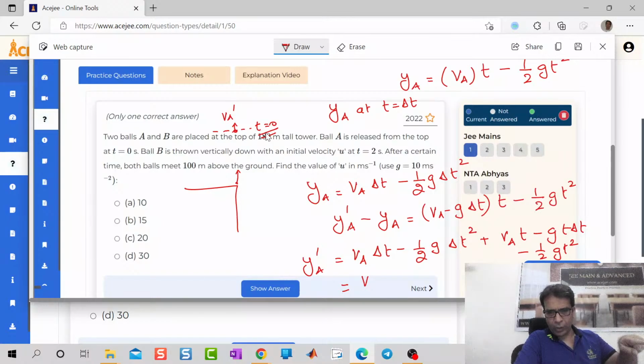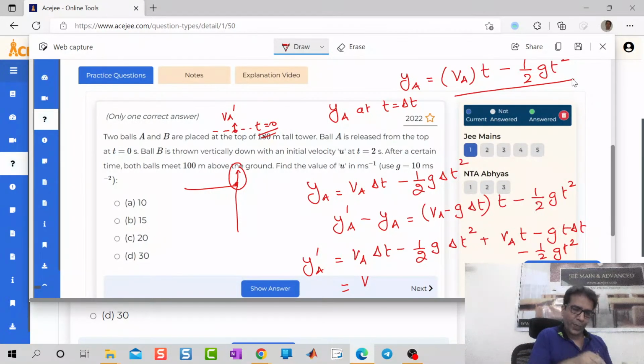But if I keep my clock measured from the initial point of launch, then my time duration for A is always measured from the point of launch. So this remains my initial velocity, and I can straight away write my expression like this.